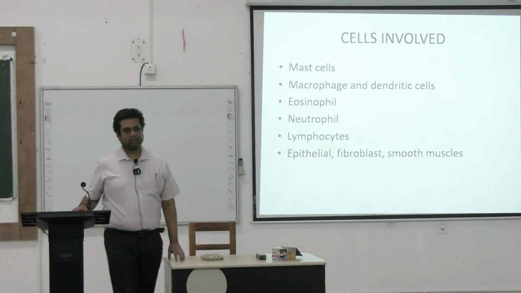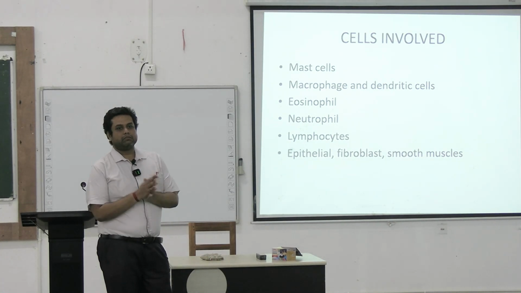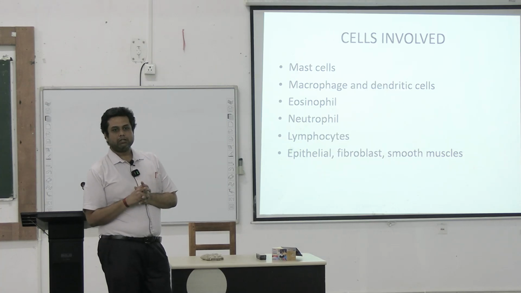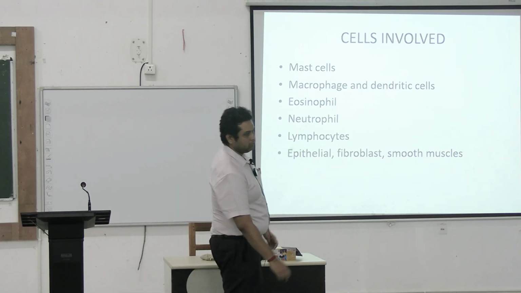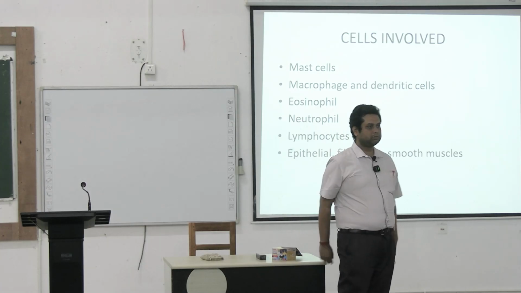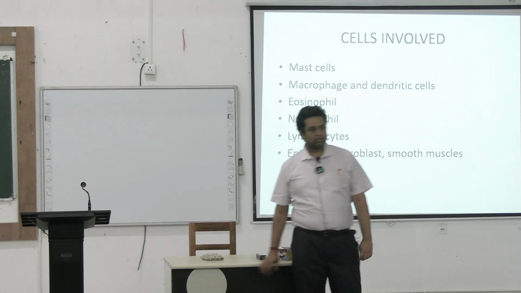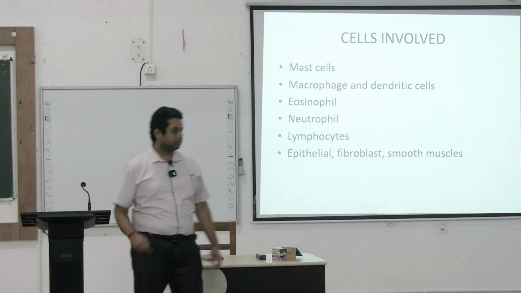What is the significance of smooth muscle? Contraction of smooth muscle leads to narrowing of airways. Repeated activation of smooth muscle leads to hypertrophy of smooth muscle. The smooth muscle becomes much thicker in patients suffering from chronic asthma.